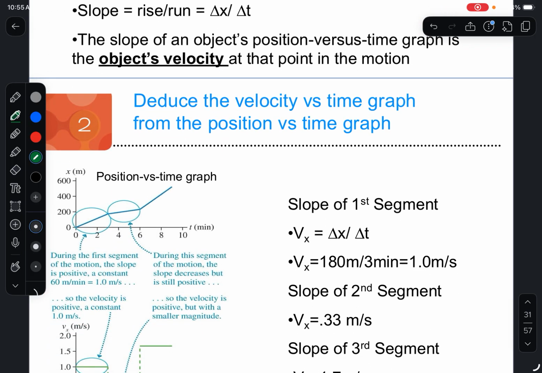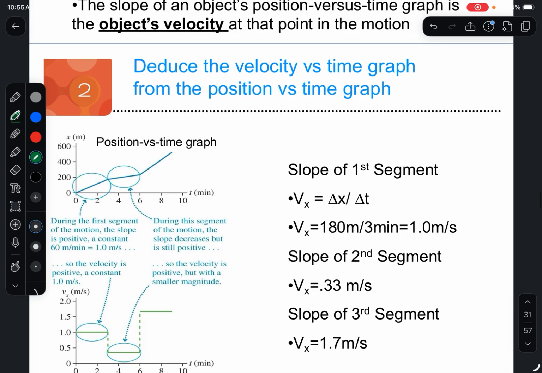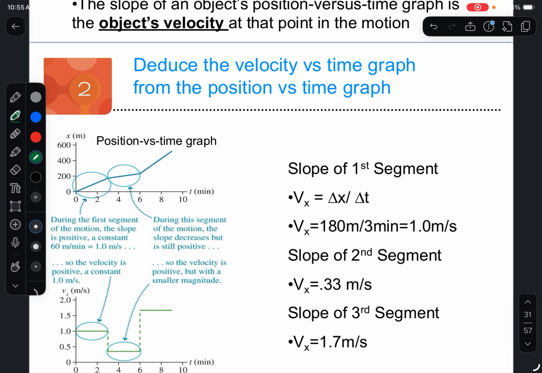Now, you can also look at the position versus time graph and come up with some other information once you have the slope. The other information is what I just mentioned, finding the velocity.